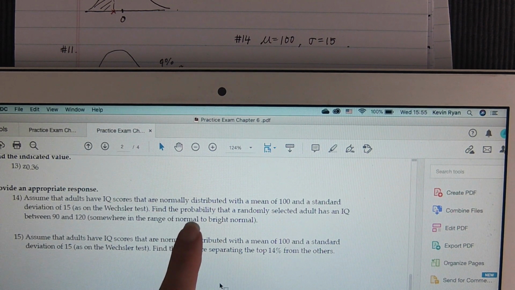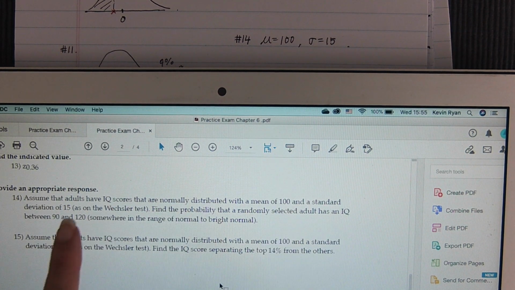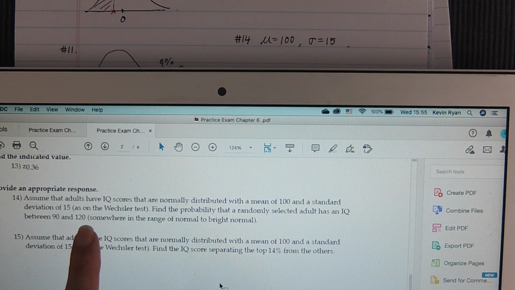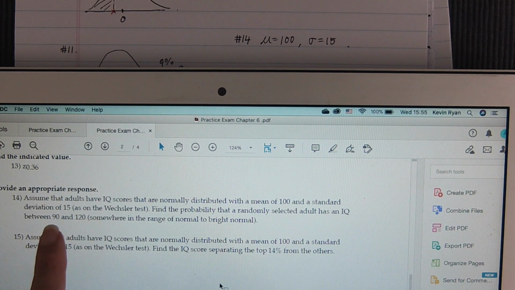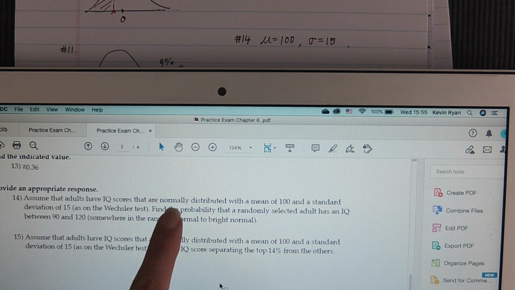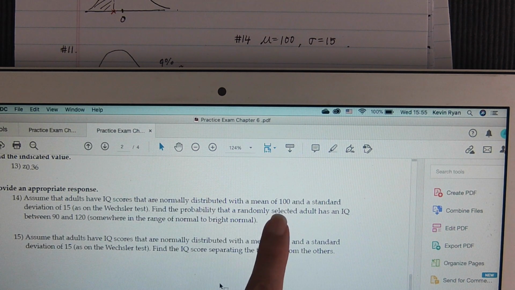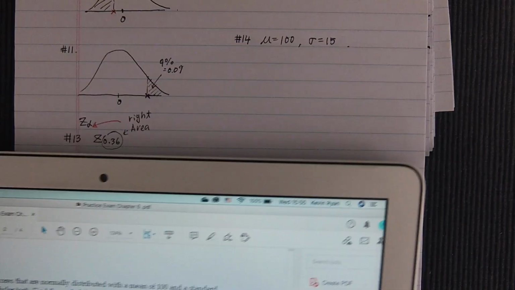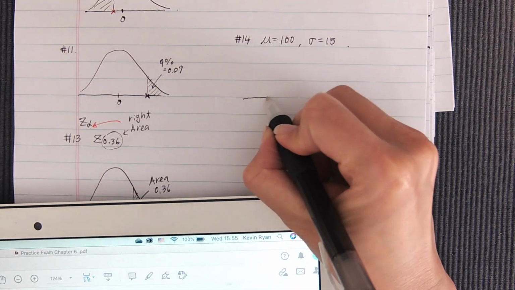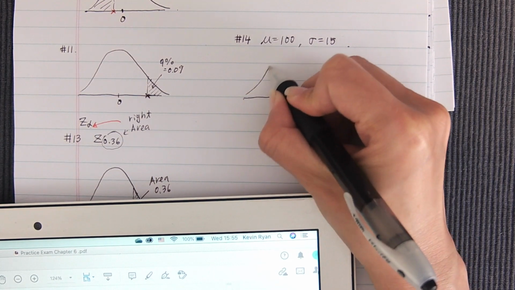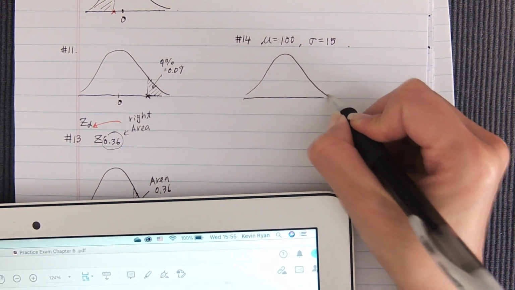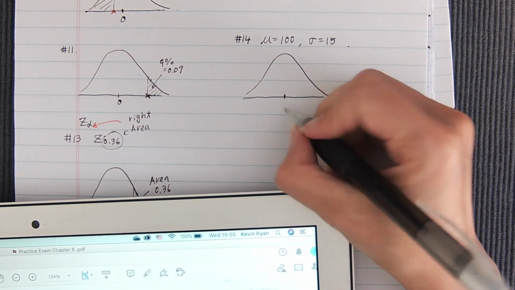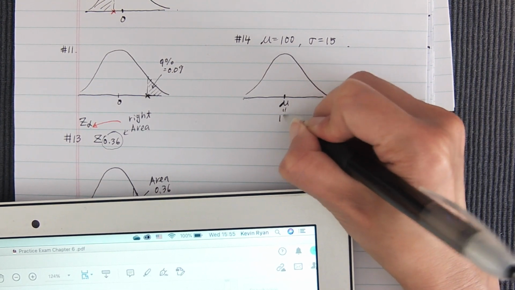Find the probability that an adult's IQ score is 90 to 120. So what's the probability that a selected adult's IQ score is between 90 and 120? Here's the bell shape happening. Here is my center. Center means pretty much mean.